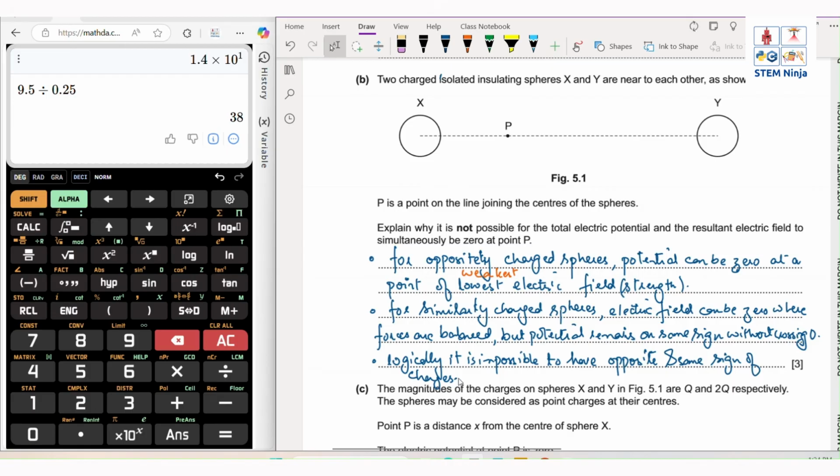That's it. So since it is logically impossible to have simultaneously opposite charges and the same charges, both quantities can never be zero at the same time.